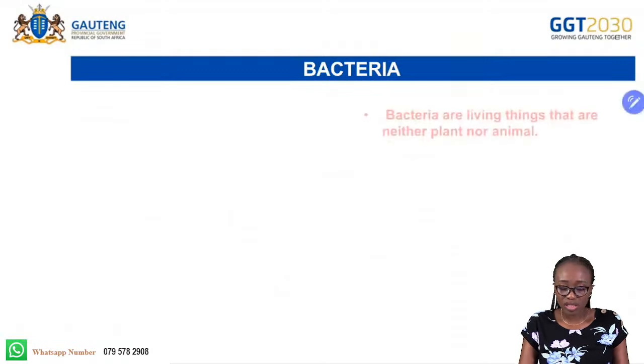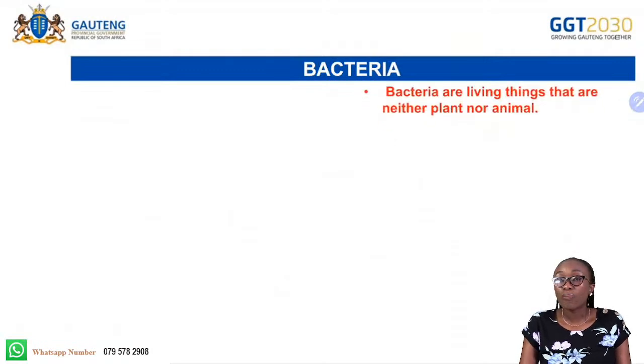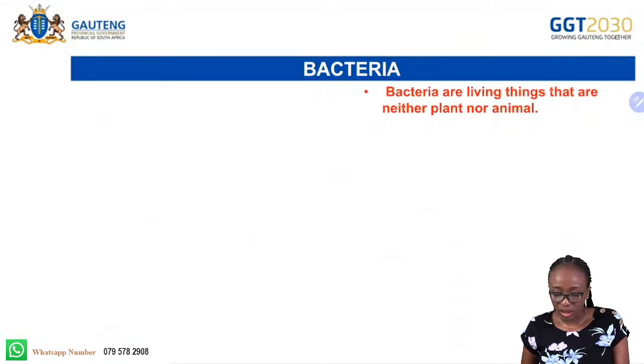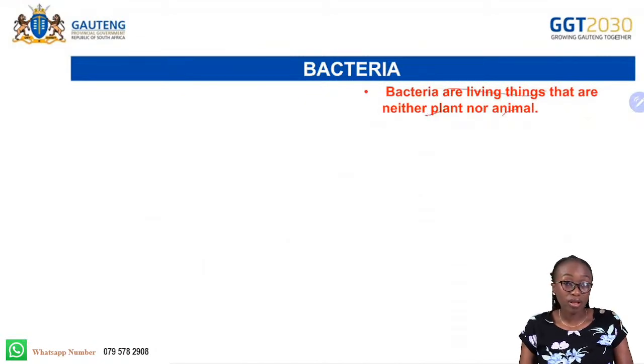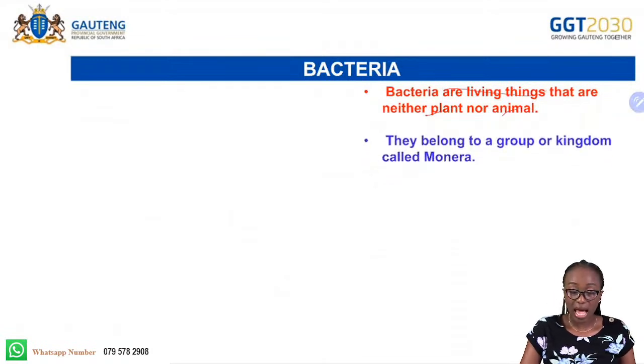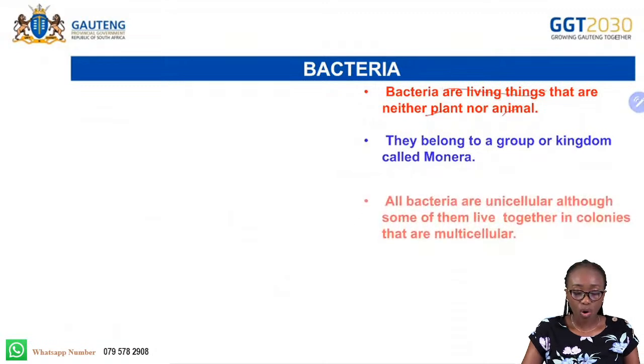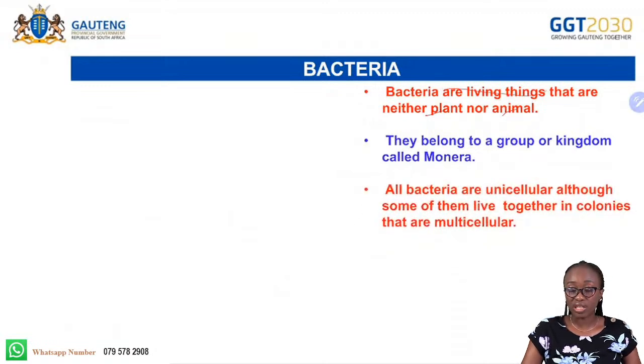Now let's learn about each and every one of the microorganisms that I've just introduced to you. We'll start off with bacteria. Bacteria are living things that are neither plants nor animals. So we cannot classify them as plants and we cannot classify them as animals. They belong to the kingdom called Monera. I'm sure you remember that from grade 7.